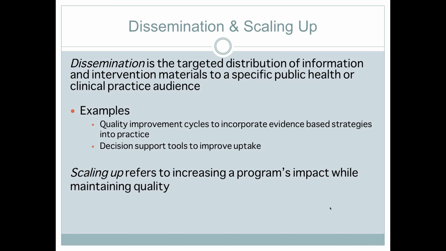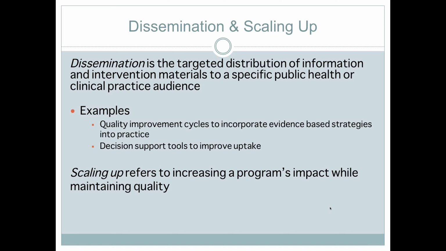So I'm going to end our webinar today talking about issues about dissemination and scale up, because those are areas where we really need to move so much in public health, not just be content with one program that's evaluated and is working well, but to think about the bigger picture and think about how do we take our knowledge and our successes and really make sure that that knowledge is available to everyone in order to improve health for all. So just some definitions to start off with.